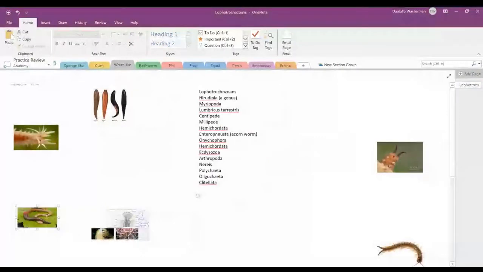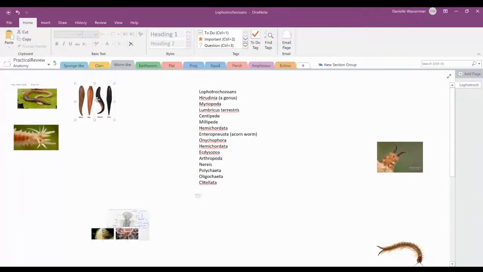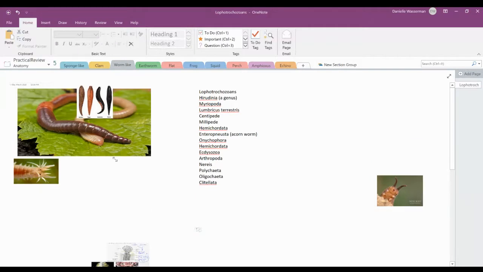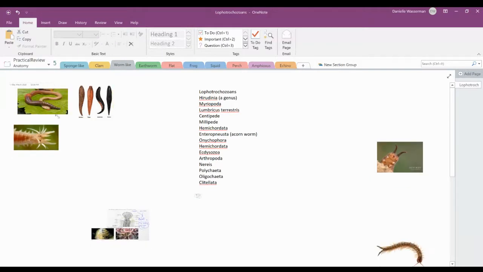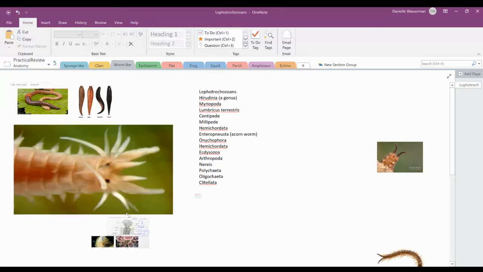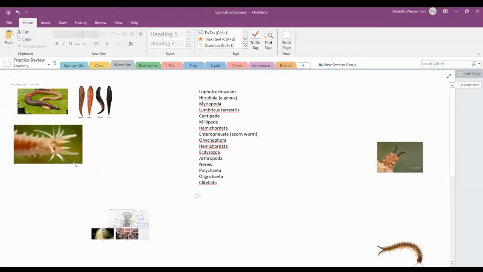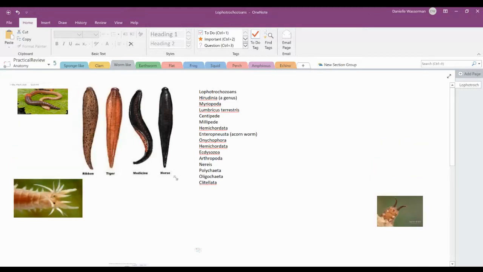So these are true worms over here. They're annelids. And this is Lumbricus terrestris, the earthworm, for which you have a major dissection. This is Nereis. It's a polychaete worm. And this is Hirudinea, the leech.